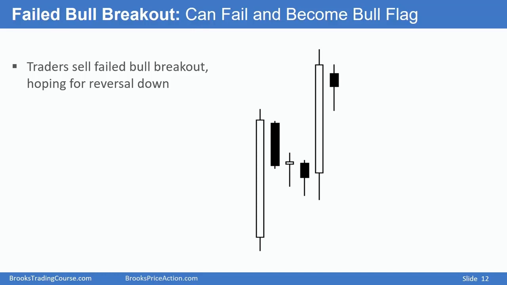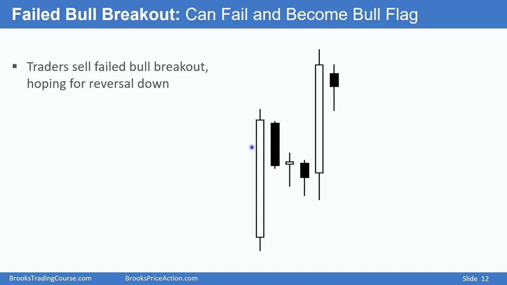My point is that whenever I see a reversal down after a bull breakout, I think the reversal down is a bear breakout. Clearly, there's not an obvious breakout here, but it's a reversal attempt, and I think of every reversal attempt as a breakout.